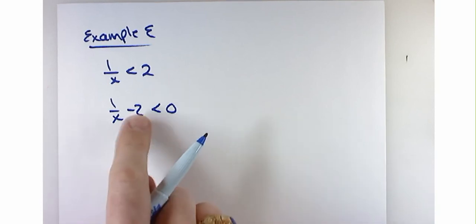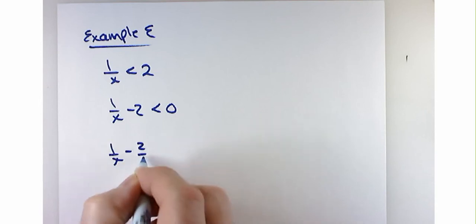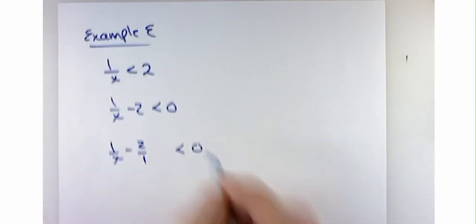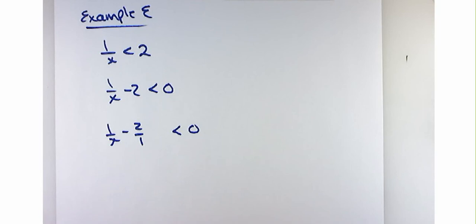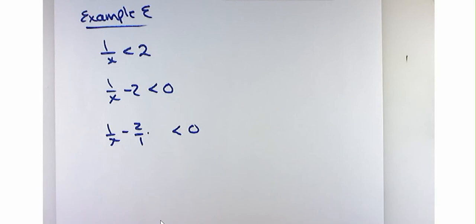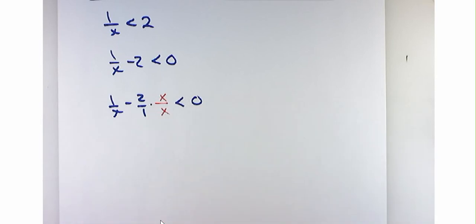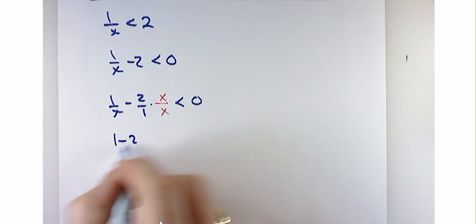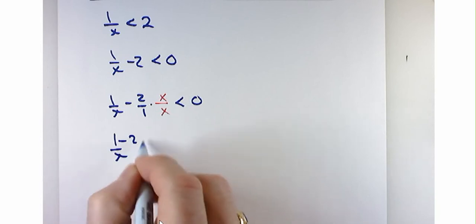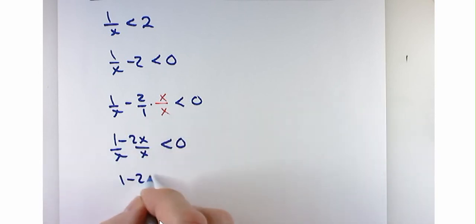But it's not enough just to have 0 on one side. I need to get the left-hand side written with one term. So the trick is to get a common denominator. I'll multiply this by x over x. That gives me 1 over x minus 2x over x, or basically 1 minus 2x over x.